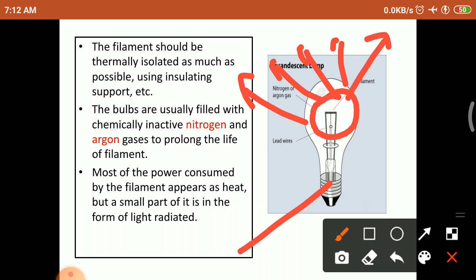The next point: this filament is white hot when its temperature reaches 2500 degrees Celsius. Due to this heat, if air is present in the bulb, the filament would react with oxygen and burn up quickly. To avoid this, we fill the inactive gases argon and nitrogen inside the electric bulb.